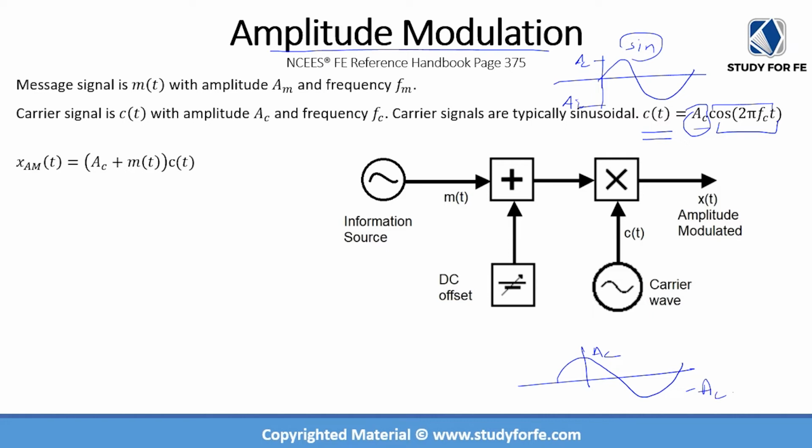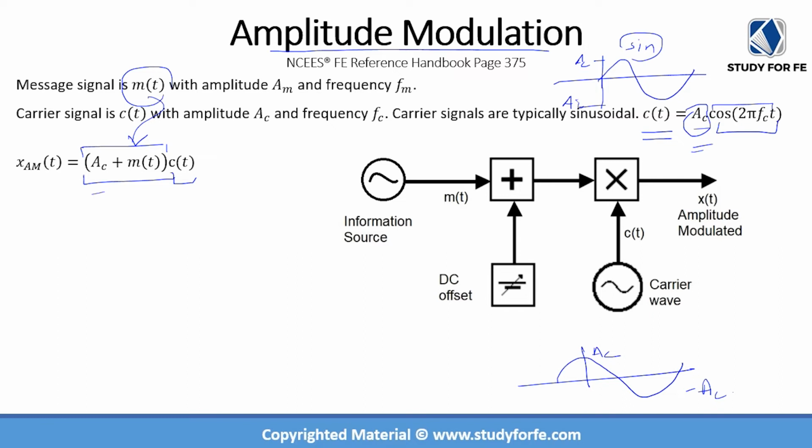But what we want to do as part of amplitude modulation is to modulate the amplitude. So what we will do is essentially embed this m of t as part of the amplitude of C of t. You can see that we have m of t being multiplied by C of t, which will basically modify its amplitude.